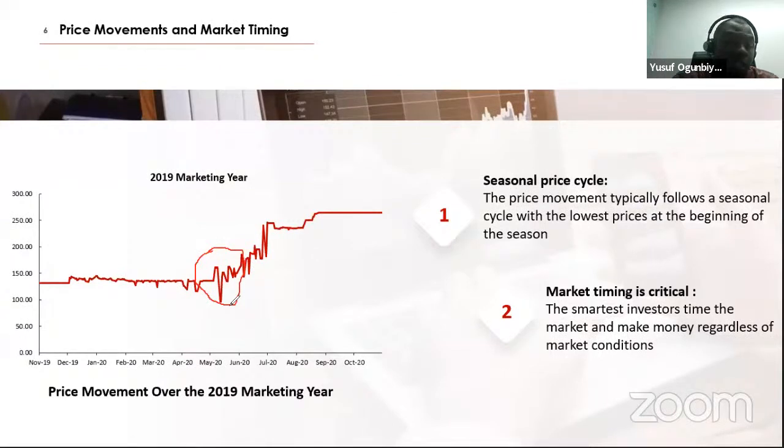So you take the decision to buy. If anybody had bought at this low price here, even though it seems like he's buying during the season, the investment decision is going to reap some profit, because look at the movement we saw after that. The prices went up thereafter and he was able to make some money.